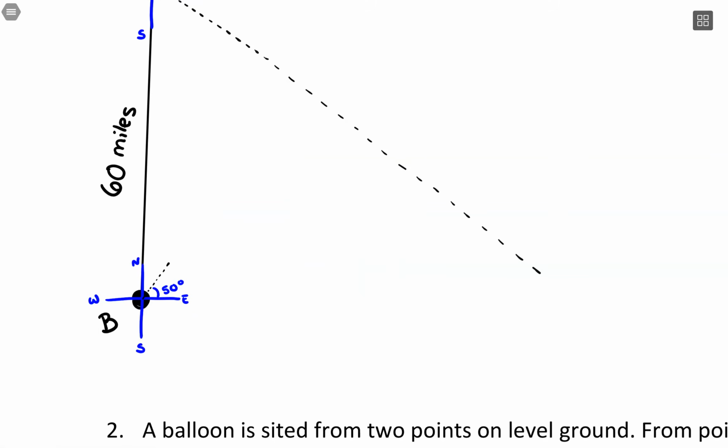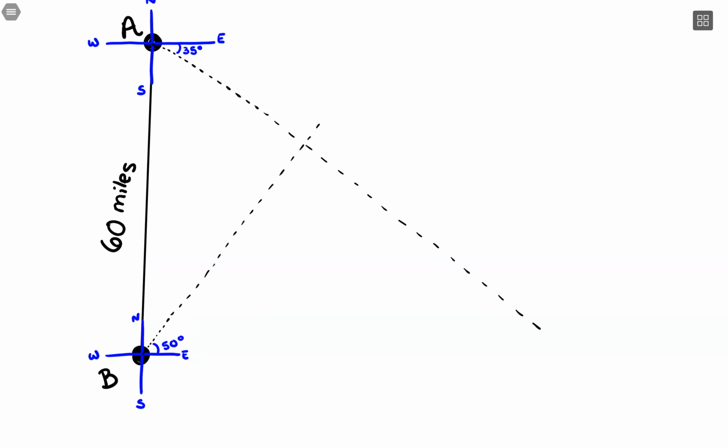And then I'm just going to continue that line on as straight as I can. Where those two intersect, that's where the third ship is, which I'll call ship C. And then I'm just going to delete all this other stuff.